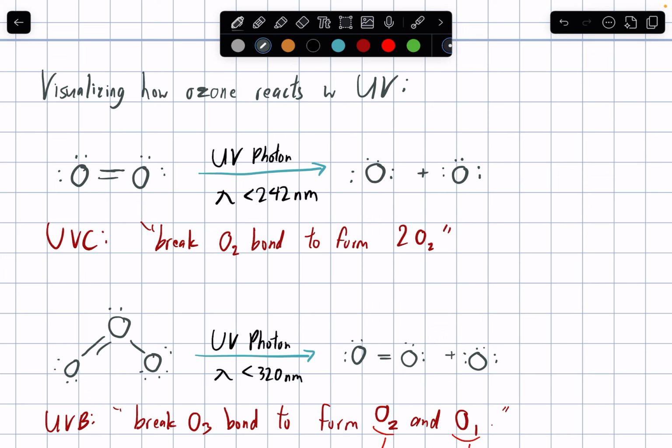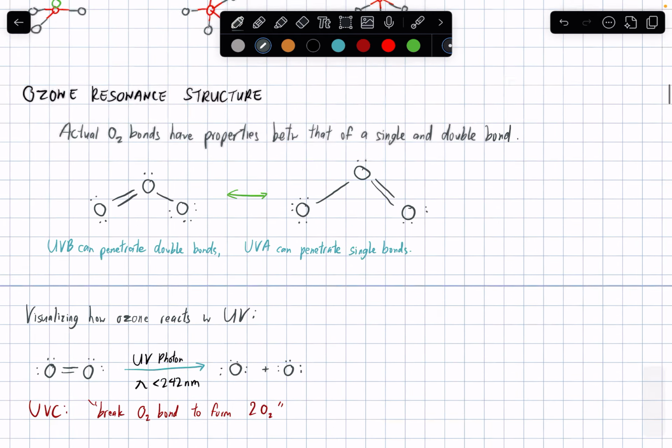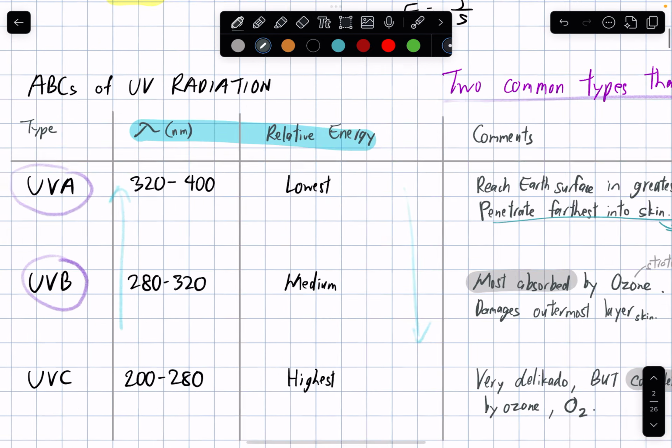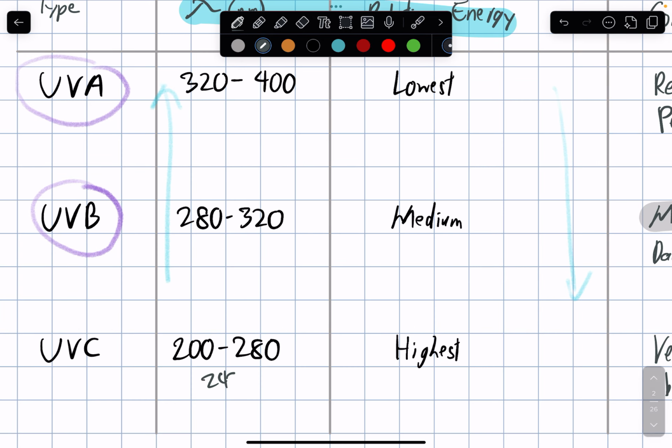But then upon exposure to ultraviolet photon, more specifically the kind that has wavelength less than 242 nanometers, which I am guessing is UVC. Again, it helps to look at the range. UVC is 242, right? It's within this range, which corresponds to UVC.